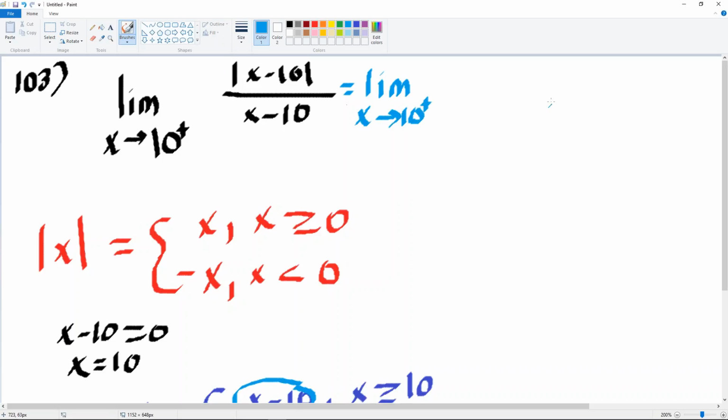We can now get rid of the absolute value because we're just going to use the positive version. Anything over itself reduces to what? 1. And what's the limit of 1? 1. The limit of a constant is a constant.